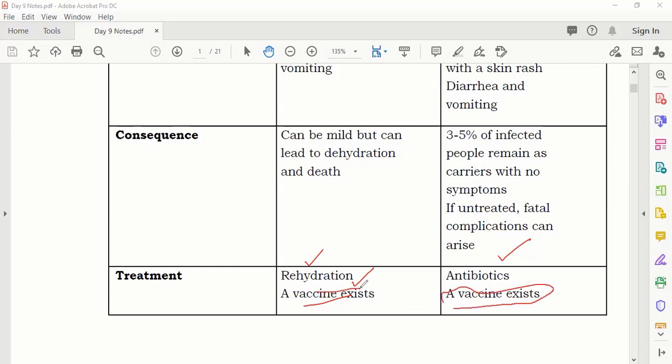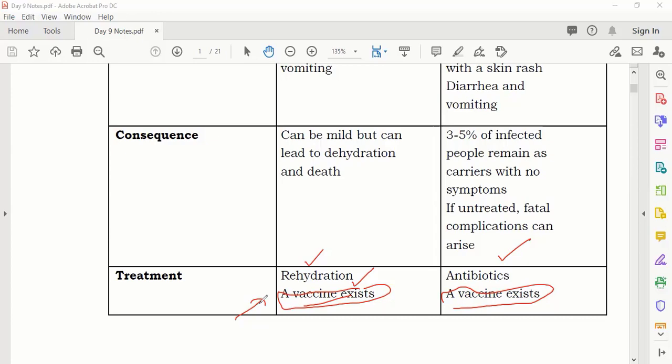Now just check the difference between them. Vaccine you take beforehand, like in childhood. If you see any child, they have a series of vaccines, in which you have cholera, typhoid, MMR, chicken pox. All these vaccines are available.